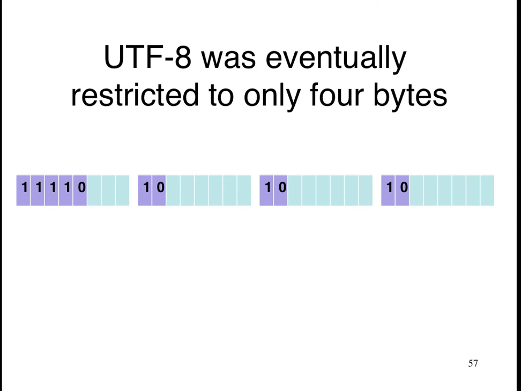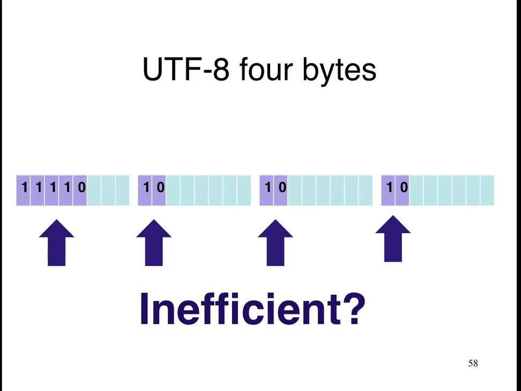Now here's the interesting question. Here we have a 4-byte sequence, right? So we're using 5 bits of this byte to mark the beginning of the sequence. That's the leading byte. And that makes sense. We do need to mark that in some way.